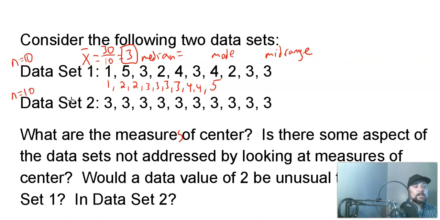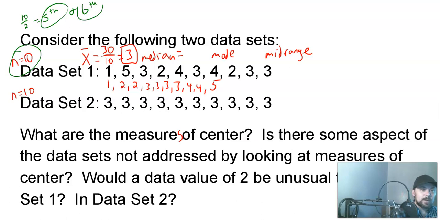So that means there isn't a number exactly in the middle. So we have to actually take the 5th data value. We take n, divide it by 2, and we get 5, which means we want the 5th data value and the 6th data value. And I think the same thing's going to happen here that happened in the previous video, which is it's going to be the same number twice, which doesn't normally happen.